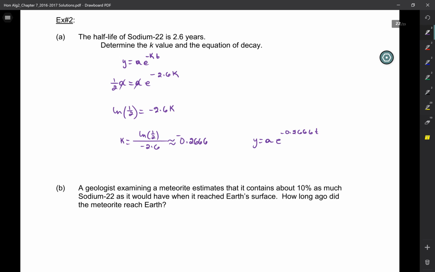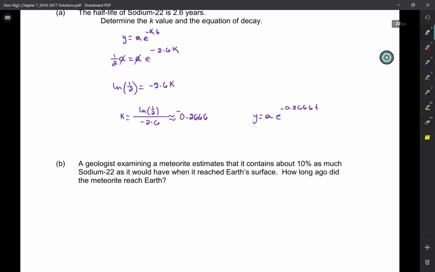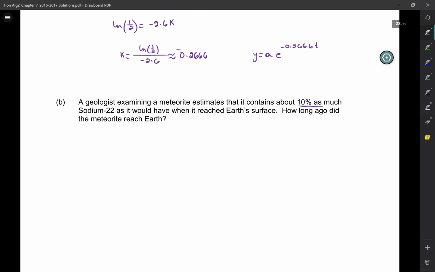Okay. Now, part B says a geologist is examining a meteorite, and he estimates that it contains about 10% as much sodium-22 as it would have when it reached the Earth's surface. How long ago did the meteorite reach Earth? So now we're looking for T, right? So it's Y equals A e to the KT.